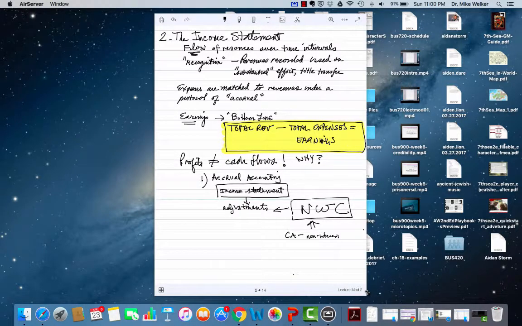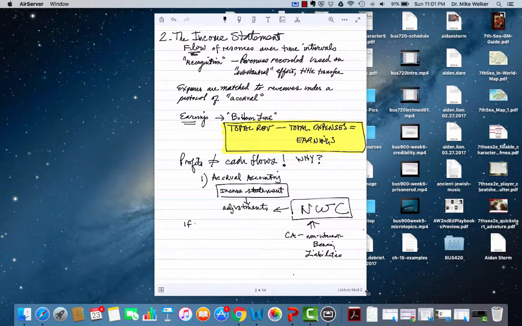What is that? That's a variety of items, including accounts payable, taxes payable, and wages payable. So if net working capital increases over an accounting period, that increase must be deducted from the accounting profits to establish the cash flows. So that's a general rule.